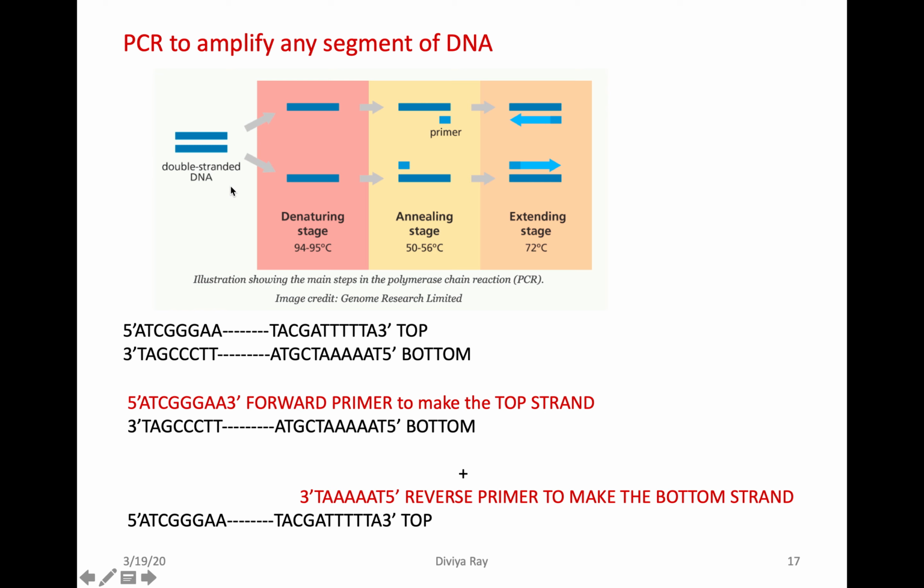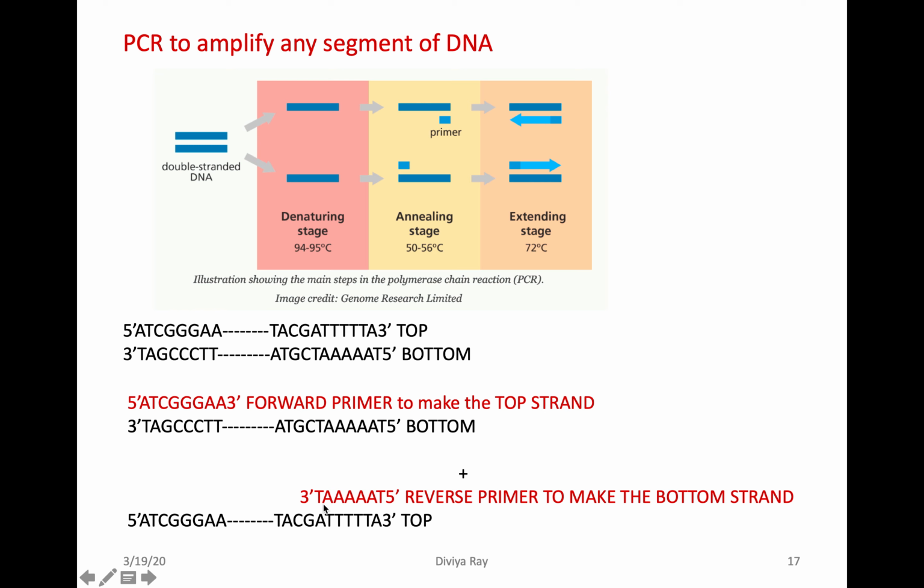You subject it to a high temperature so that the two complementary strands separate from one another, since the hydrogen bonds between the complementary bases are broken. And then you reduce the temperature from 95 to, let's say, 56 degrees centigrade. You add the primers. So let's say this is the forward primer, which is complementary to the bottom strand, and its 3' hydroxyl end can be elongated to make the top strand.